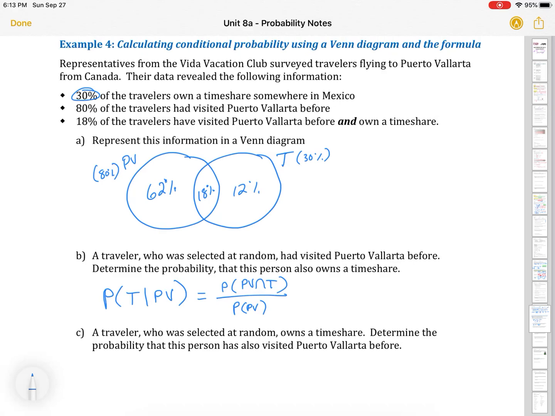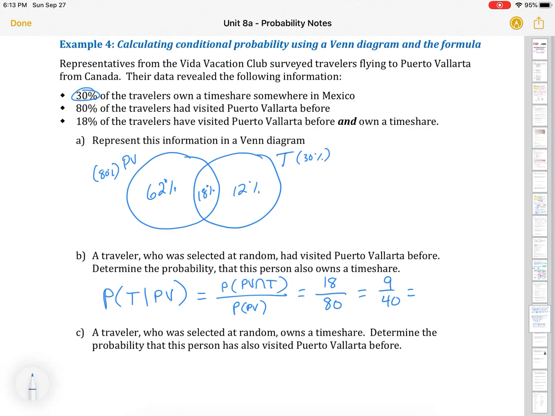So the probability of PV and T is 18%, divided by the probability of PV, which is the whole big circle, 80. So that will be 9 over 40.